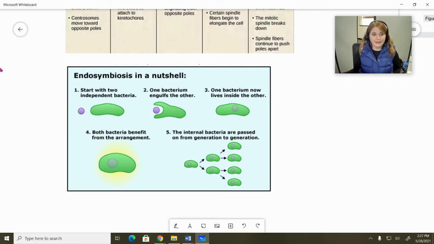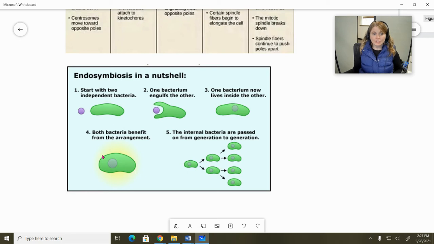where a long time ago, when organisms were just prokaryotic, you have two independent prokaryotic bacteria. One bacteria basically eats the other. Remember, we have the process of endocytosis, where the membrane can form around something and then it can make a vesicle and bring it inside of the cell. This can happen with bacterium as well.